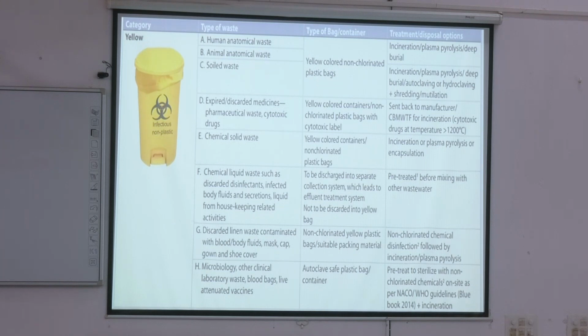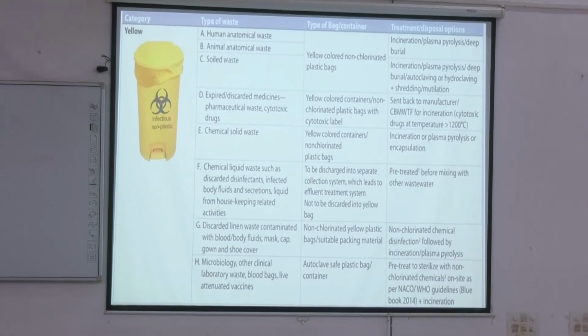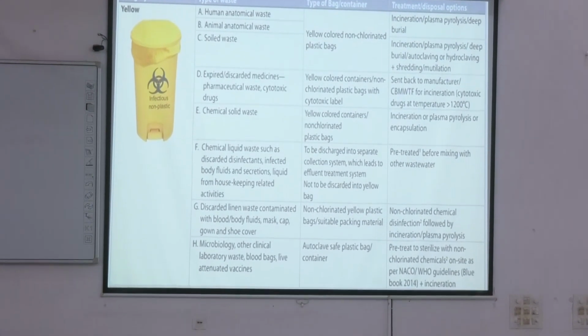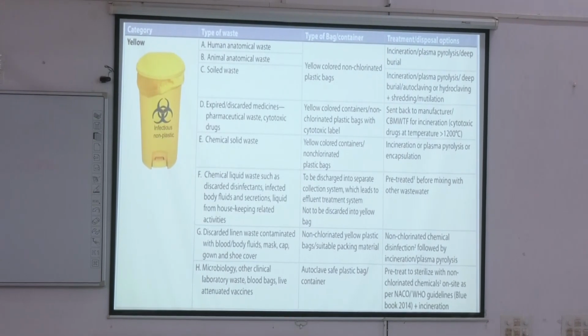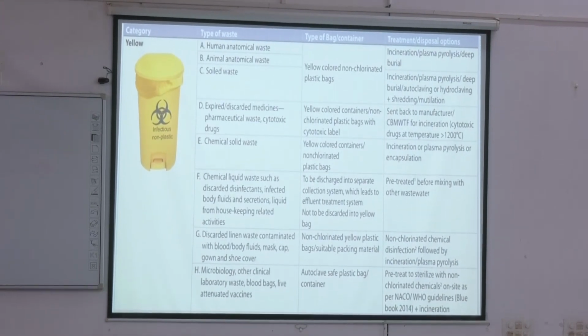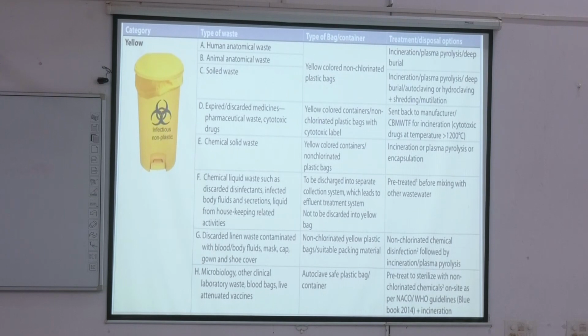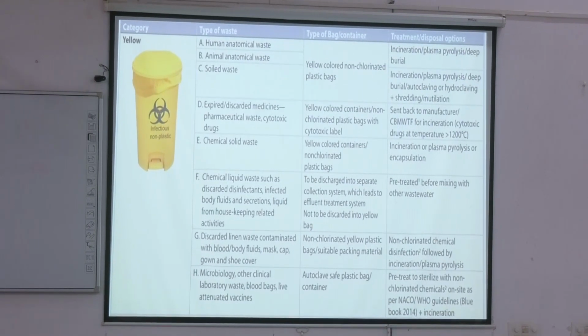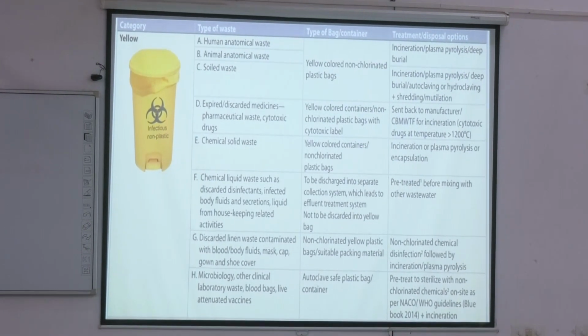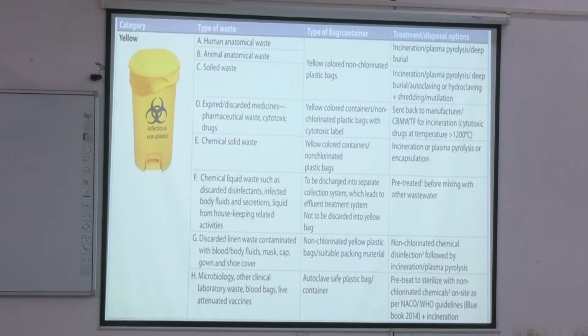In a chlorinated bag, at high temperature, chlorine gas will come out, and that is a hazard to health. That's why the new amendment says the bag should not contain any chlorine, so it is a non-chlorinated yellow, red or blue bag.